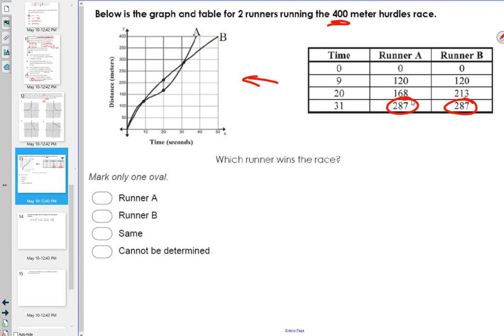The table doesn't tell you how long each one took to run 400 meters, but the graph does. If this is 400 meters and this is a measurement of time, who gets to that 400-meter mark first in less time? It took A maybe like 37 or 38 seconds, whereas it took runner B 50 seconds.